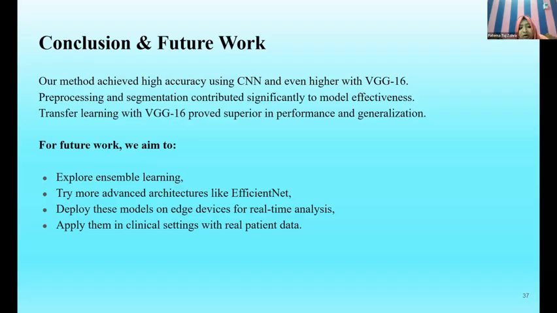So the future work for this research will be to explore more learnings to combine multiple models to introduce more efficient models to perform segmentation and classification while reducing the training time. Then EfficientNet and other advanced architectures can be used in these models for more efficient detection and segmentation.